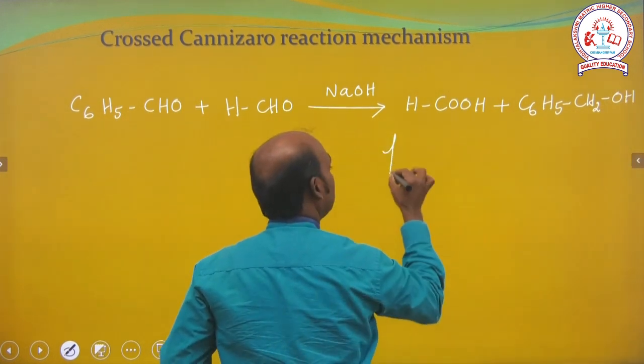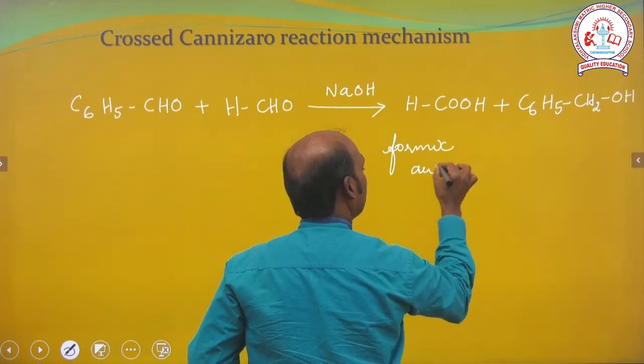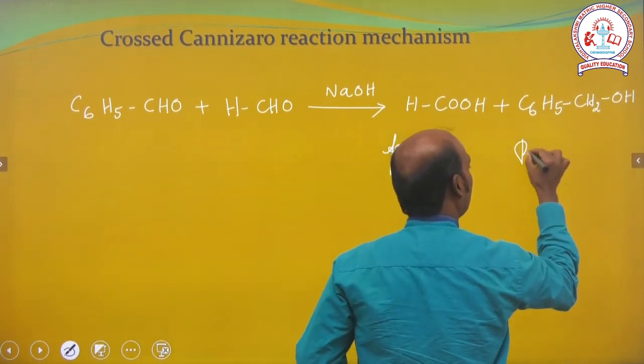So formic acid and benzyl alcohol are produced.